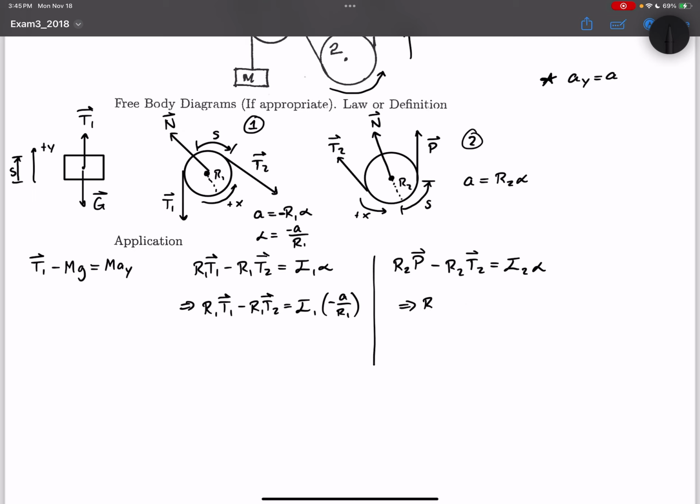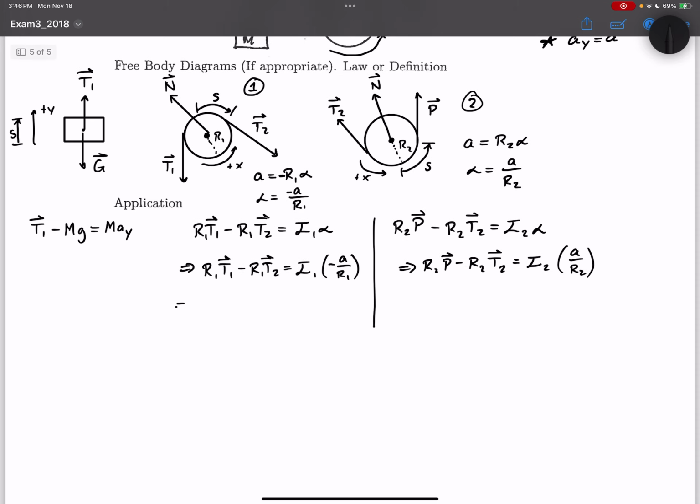We're going to have R2 P minus R2 times T2, that's going to be I2 times A over R2.